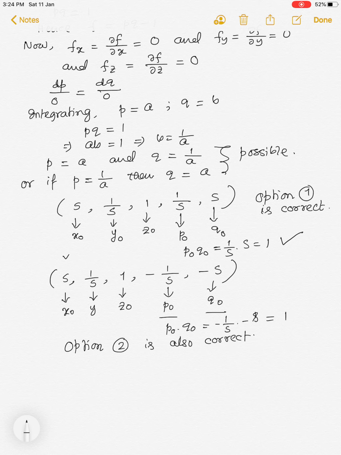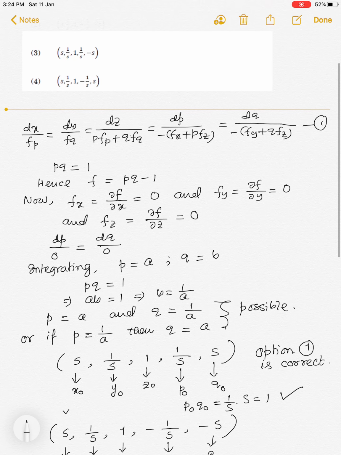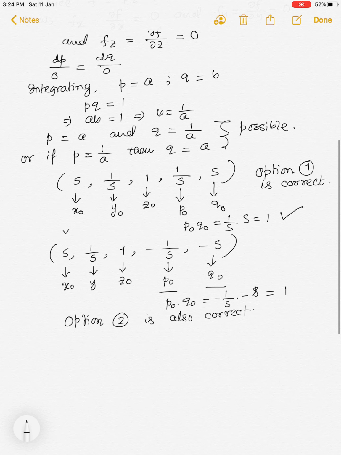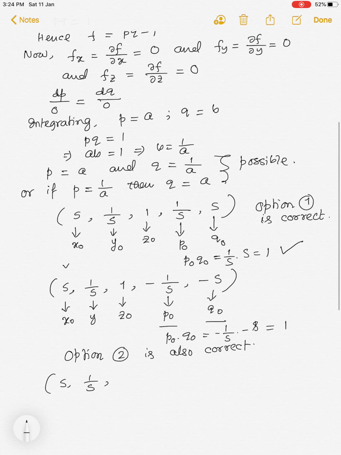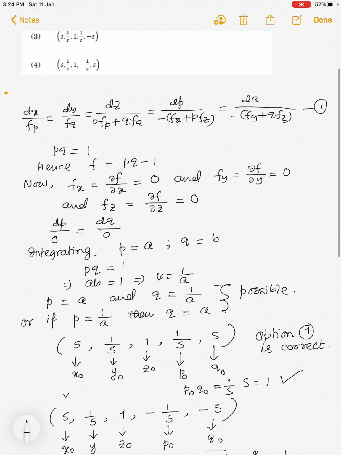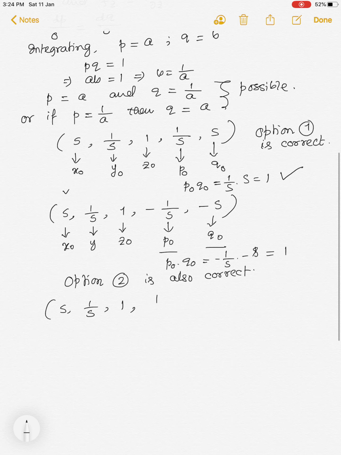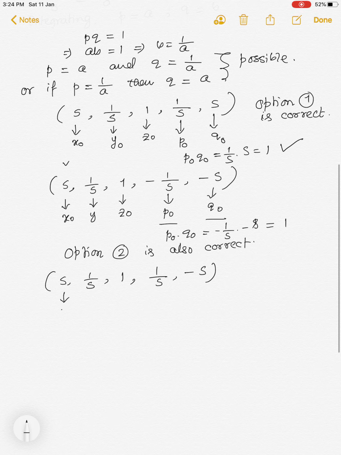Now let us check option 3, which is given by s, 1 by s, 1, comma 1 by s, minus s. This is for x0, this is for y0, this is for z0, this is for p0, and this is for q0.